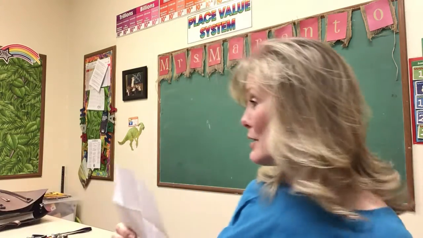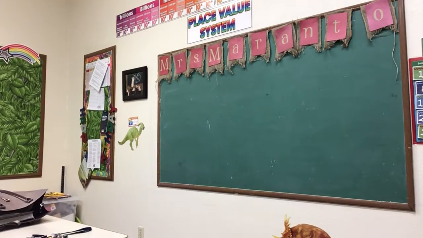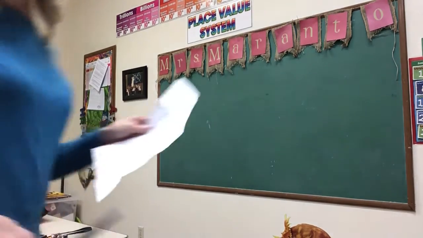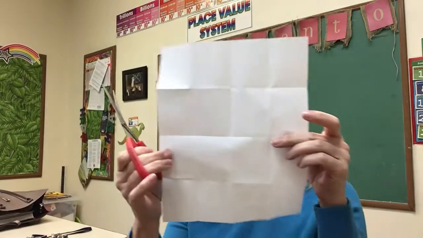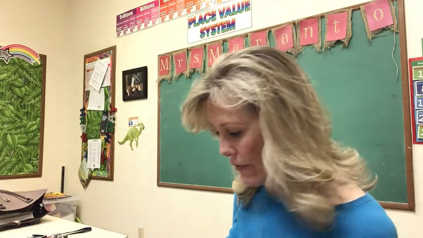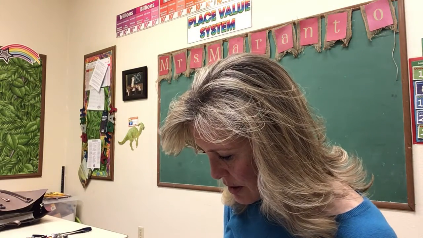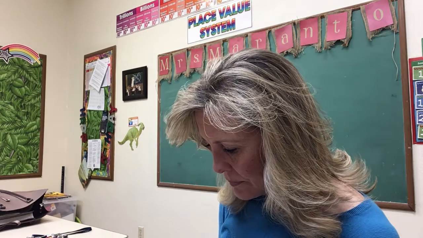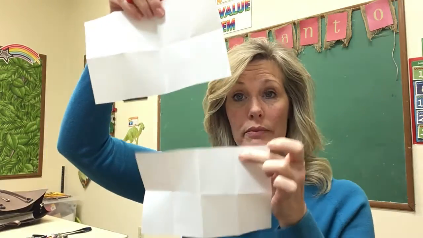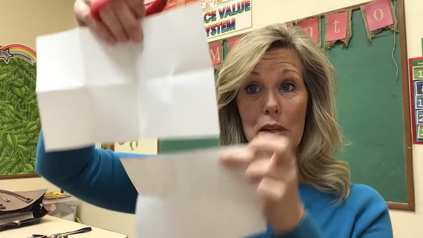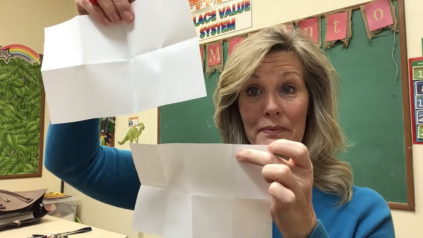All right, I'm going to cut it this time so that we can demonstrate it one more time. Okay, take my whole and I divide it in half. One whole divided by a half gives me 2. Right?